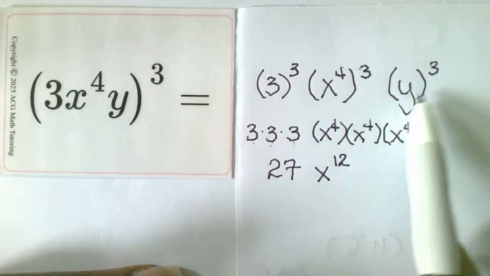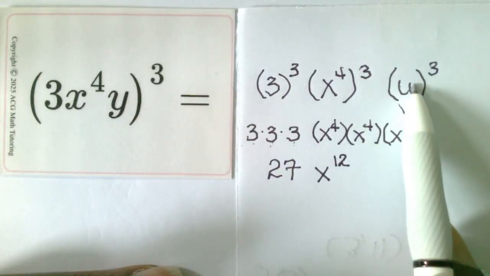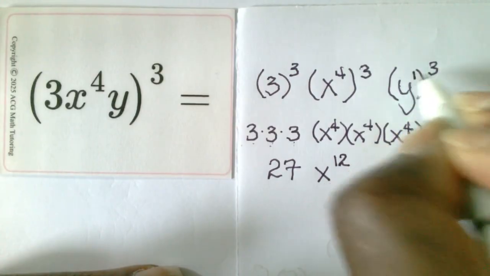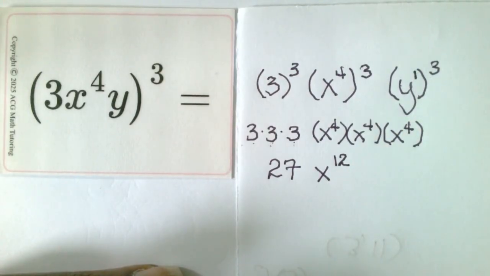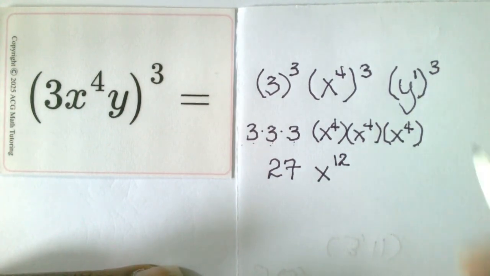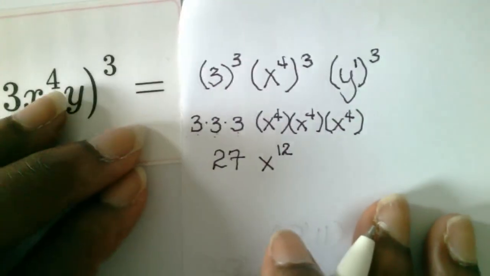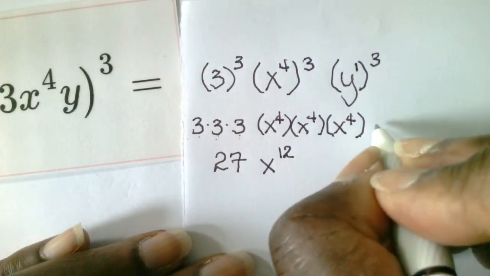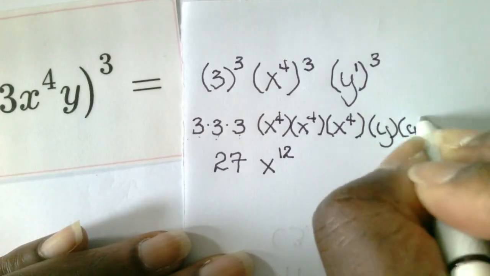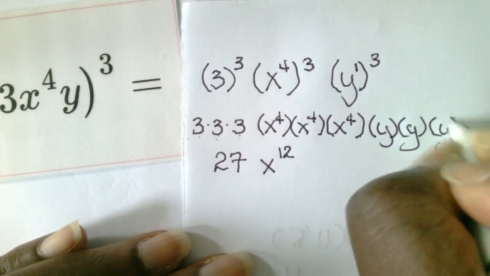Now for this y to the third power, if you don't see an exponent, it's always assumed that there is a 1 there. So we could write the y's out. Let me slide this over a bit. It's running out of space. So we can write that y out 3 times.